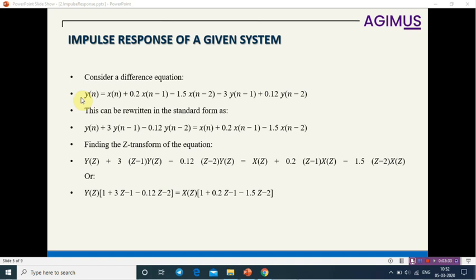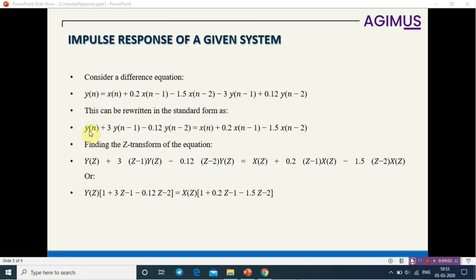So this was the equation which we took: y of n equals x of n plus 0.2 x of n minus 1 minus 1.5 x of n minus 2, and minus 3 into y of n minus 1 plus 0.1 into y of n minus 2. You can consider your own equation. You can see there are parameters associated with x and parameters associated with y. So I'll shift the parameters associated with y to the other side and keep x on one side.